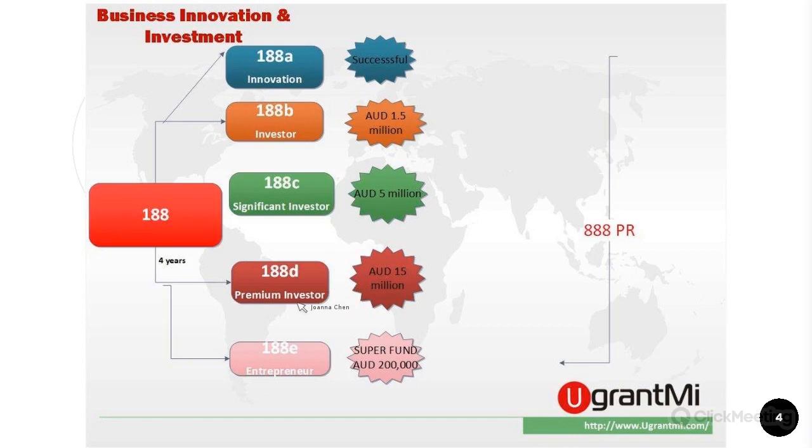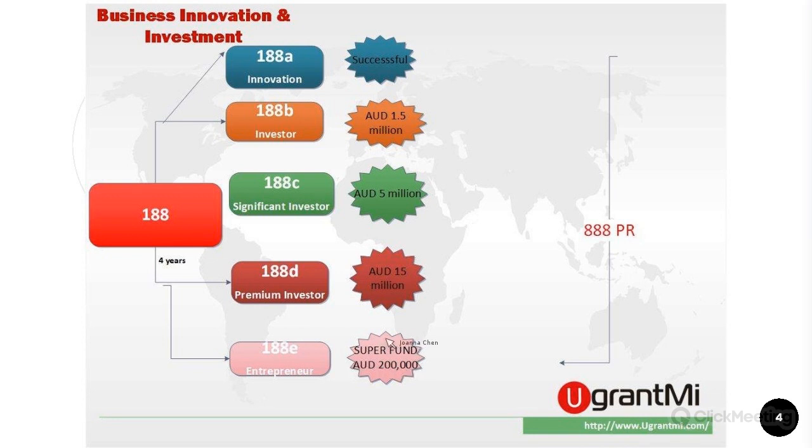Let me give you an example of the 188 visa, the entrepreneur visa. This type of visa is actually extremely hard, because the business can be very small, but they have to secure funds from a super fund.